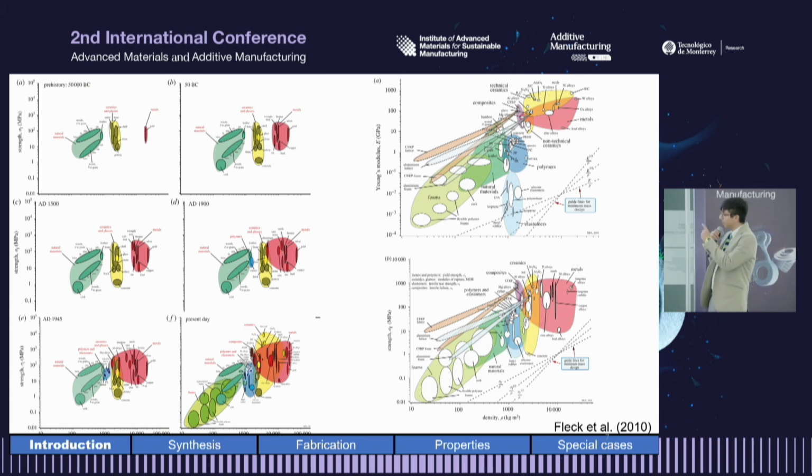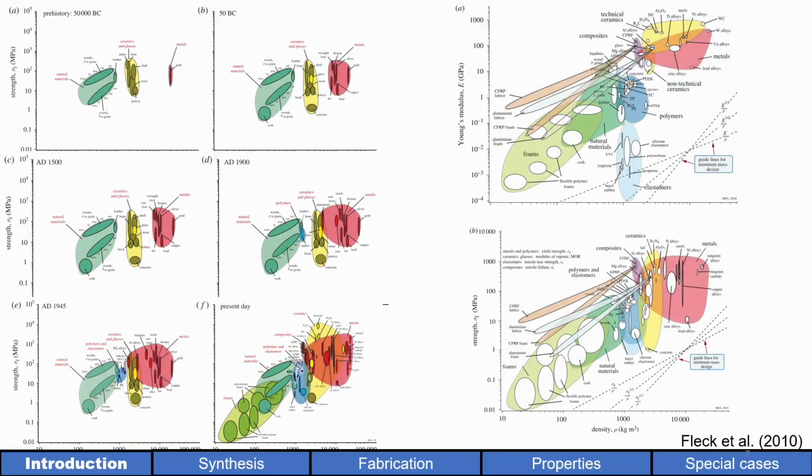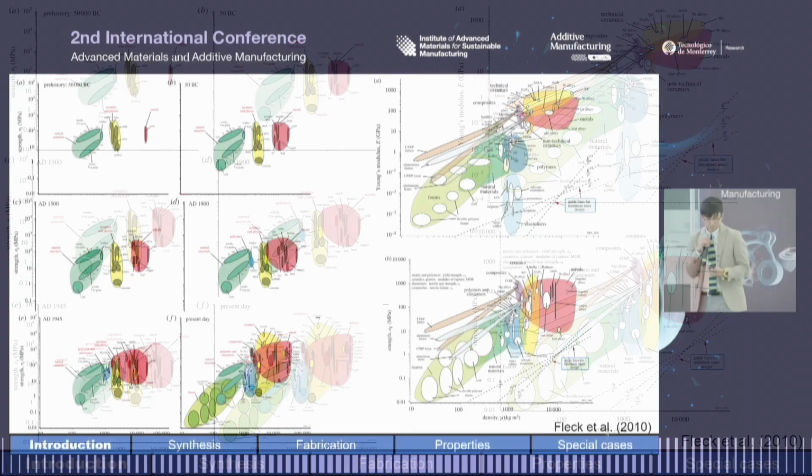So in this slide, I'm showing how the property map of materials has been evolving through history, from very prehistoric times on the top left to some more recent times in the bottom right. As you can see from this chart, we plot a property on the vertical axis against density in this case.